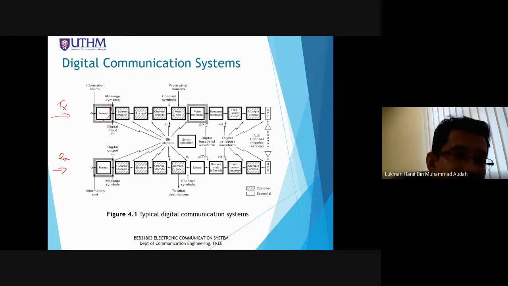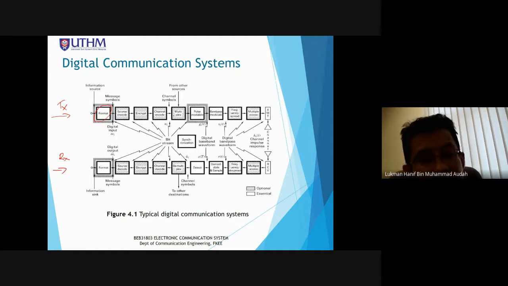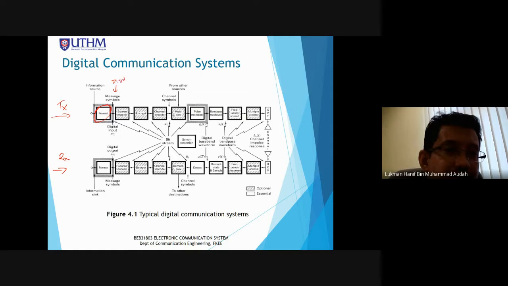Di sini adalah formatting proses yang pertama, iaitu untuk menukar input signal daripada analog kepada digital. Okay, so keluaran daripada sini adalah digital, dalam bentuk digital code word.